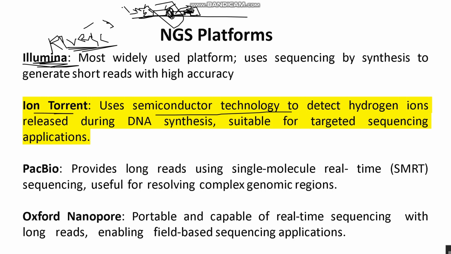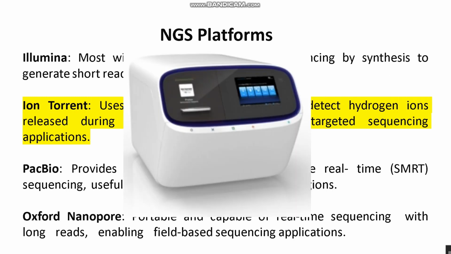In Illumina we use the reversible dye terminator. In the Ion Torrent we use the technology of ion conductance. In ion conductance the hydrogen ion is released, and when it is released, the pH drops and that pH is measured. That is the machine of Ion Torrent.